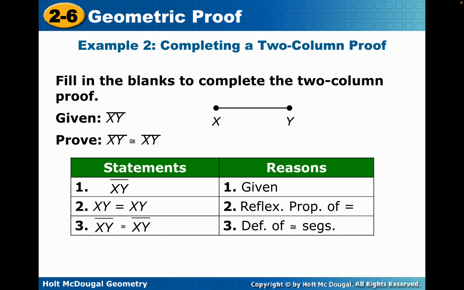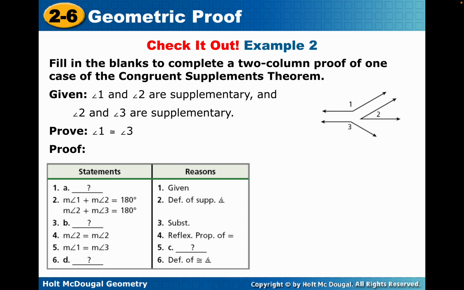All right, this next one's going to be a little small, so I'll zoom in in a second. But go ahead, write your given, your prove. If you want to draw those angles out as well, go ahead and draw those angles. And then I will zoom in on the box in a second. But go ahead and get that down. And if you notice, it is a 6-step proof.